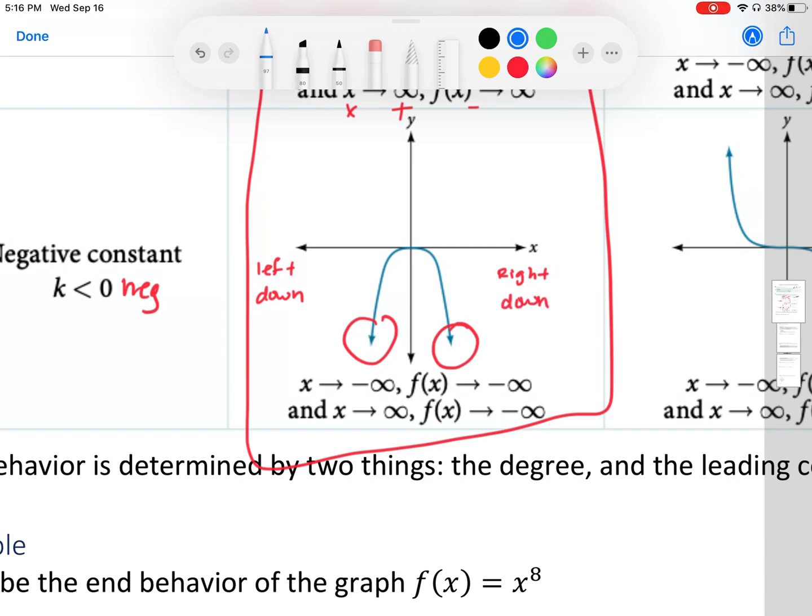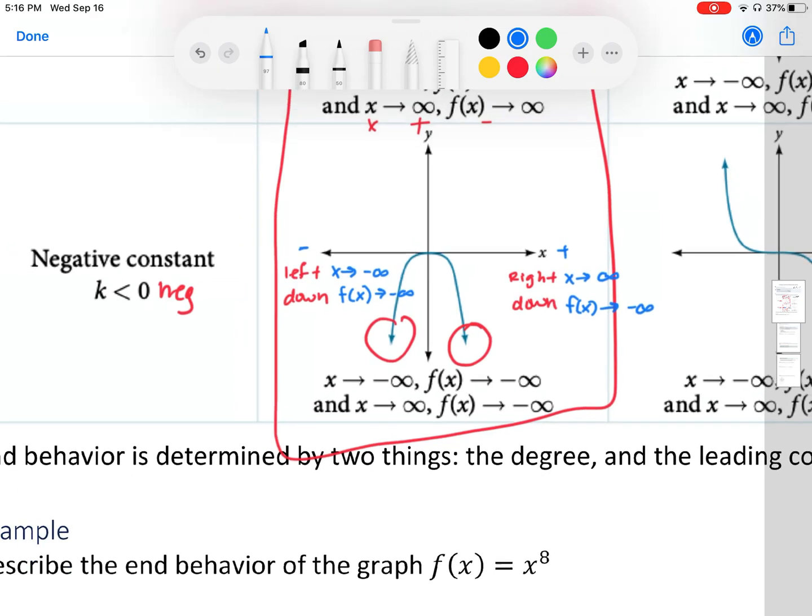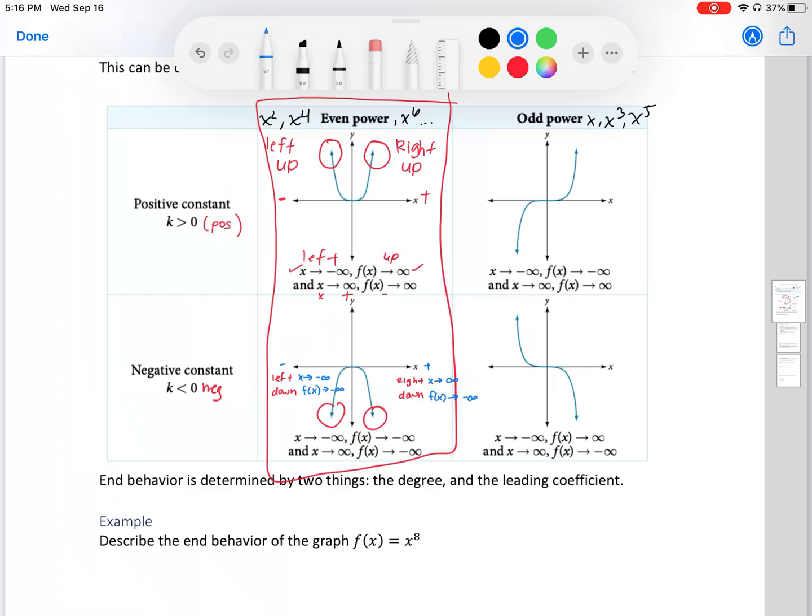We can say something like as x is approaching negative infinity, your function is pointing down. It's approaching negative infinity. Same thing for the right side. The positive side, as x approaches positive infinity, your function is opening down, so negative infinity. And that's what we have for our even functions.